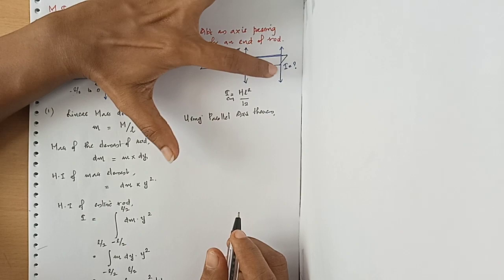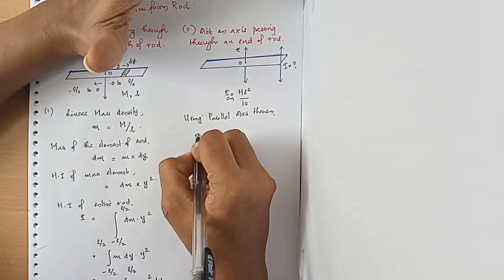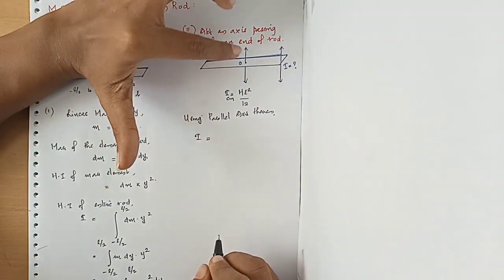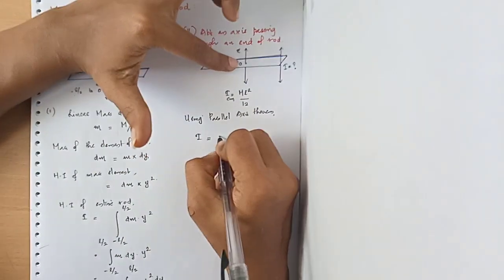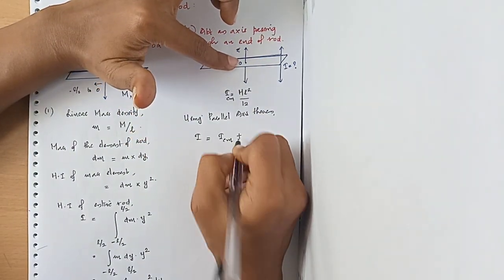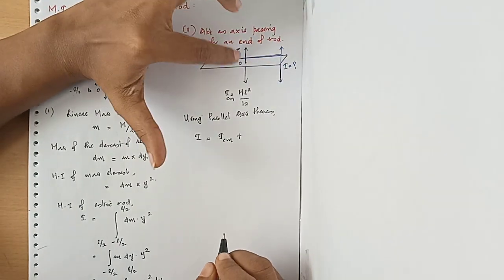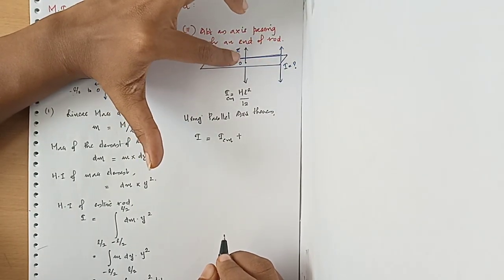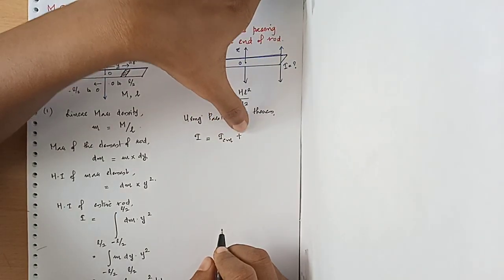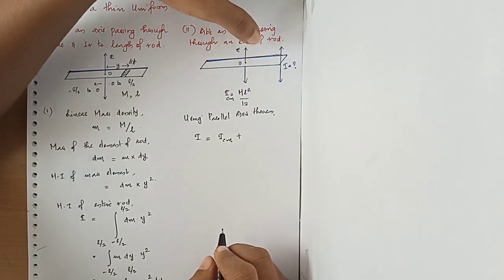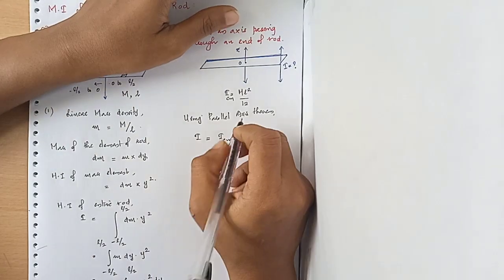Using the parallel axis theorem, the moment of inertia about this axis I is equal to the moment of inertia about the center of mass axis, which is I CM, plus, since this axis is parallel to the center of mass axis, a term called the mass into the square of the distance between these two axes.